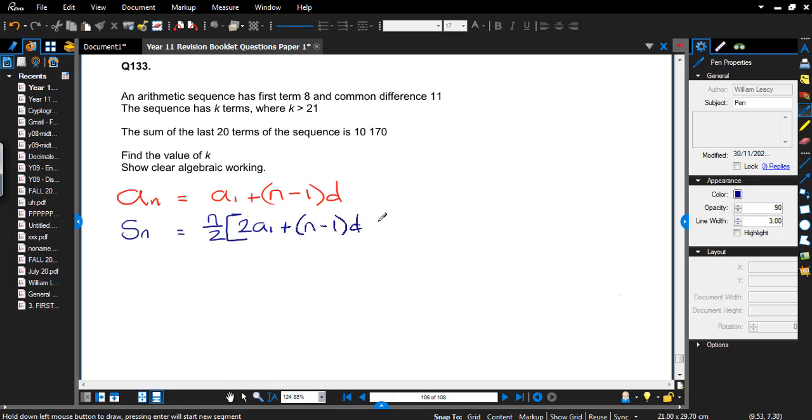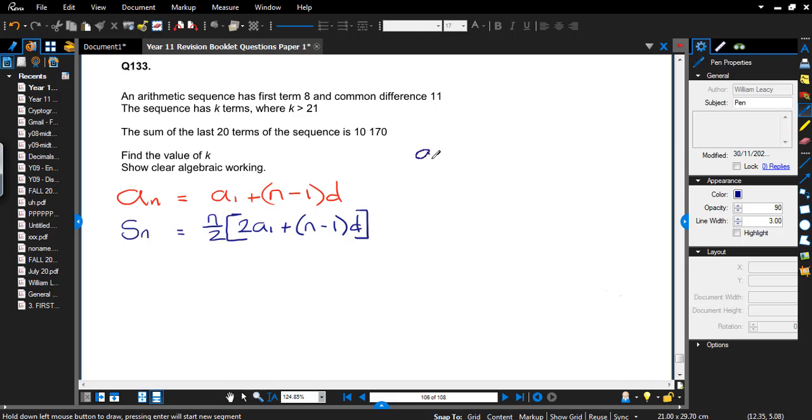It's quite similar. If you want to add the first 10 terms, you just put 10 instead of n.